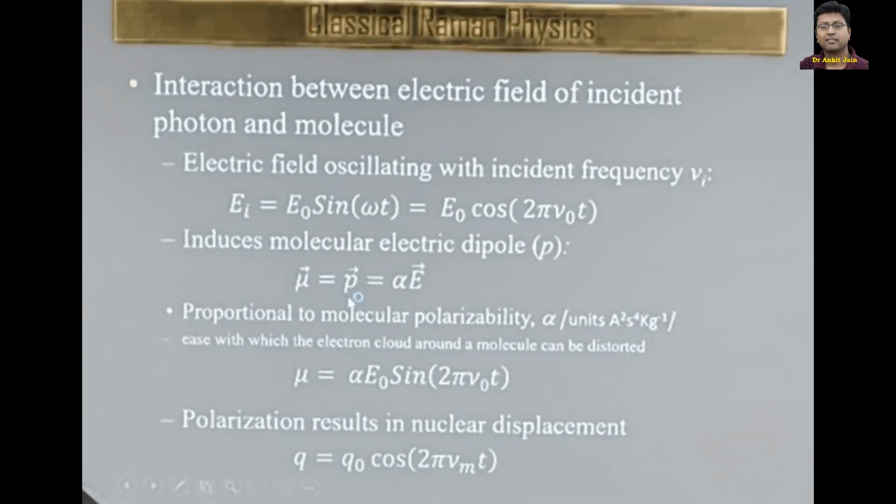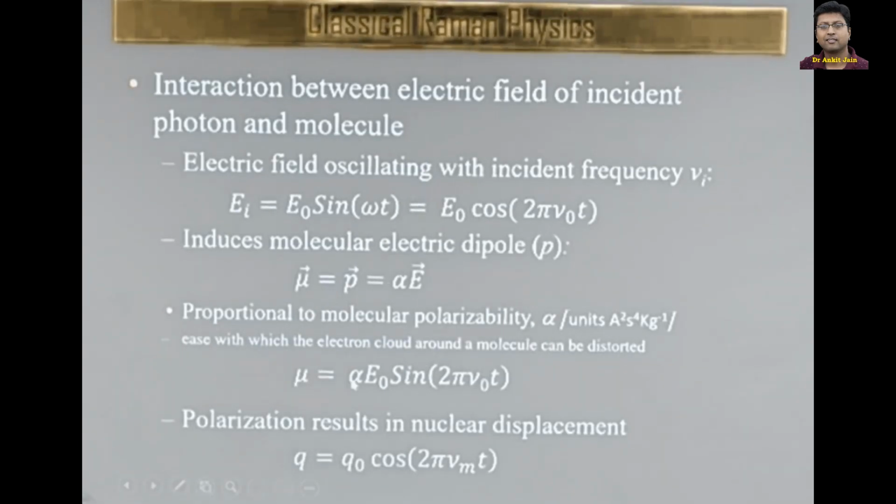When we talk about the electromagnetic wave that is incident on the molecule, we can write the electric field of oscillation very normally as E naught sine omega t. This is the normal notation of any electromagnetic field. And this can induce a molecular dipole moment in the molecule, which is given as alpha into E, where alpha is the polarizability of the molecule.